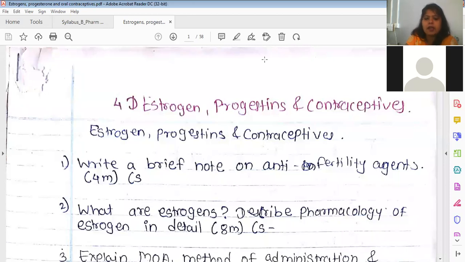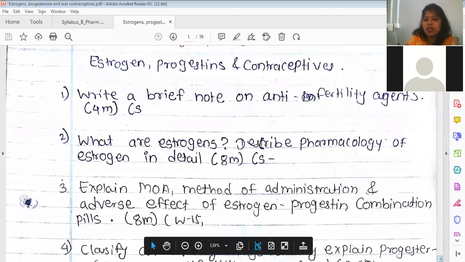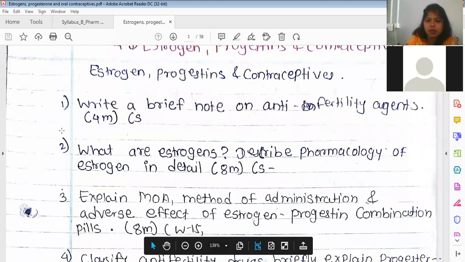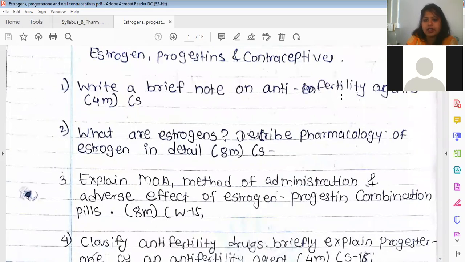You already know about contraceptives and hormones. All the contraceptive action is done by the hormonal section. So estrogen and progesterone are the major hormones which play the role in the fertilization process. Majorly from this chapter, the questions are: write a note on anti-fertility agents.